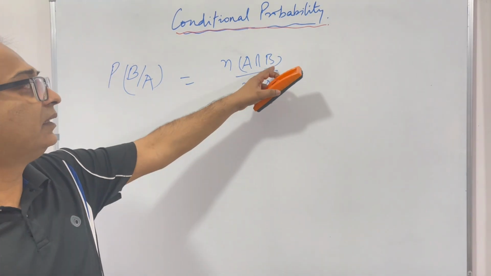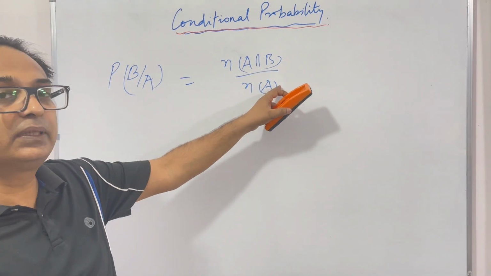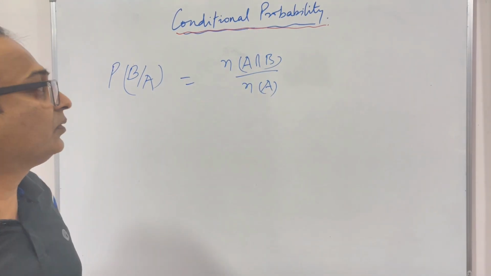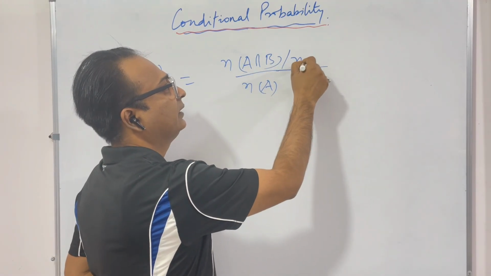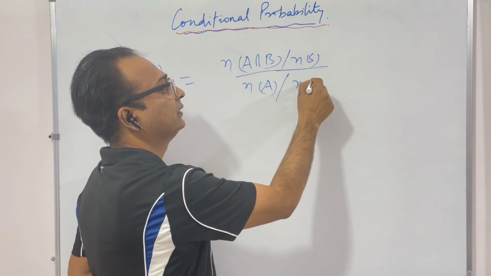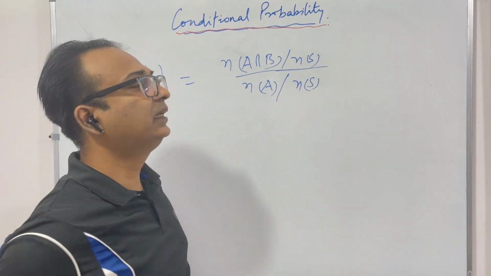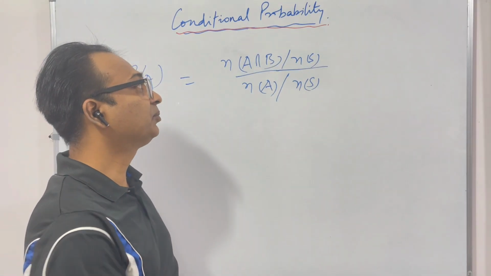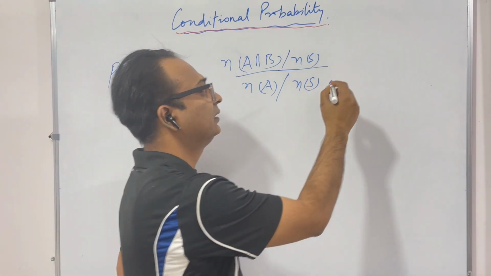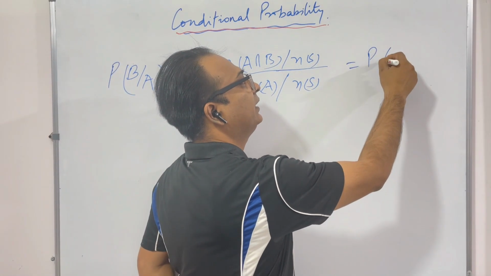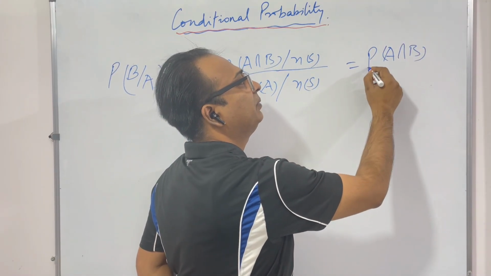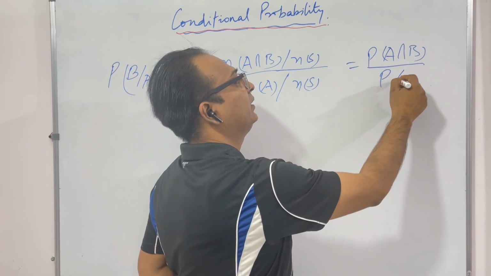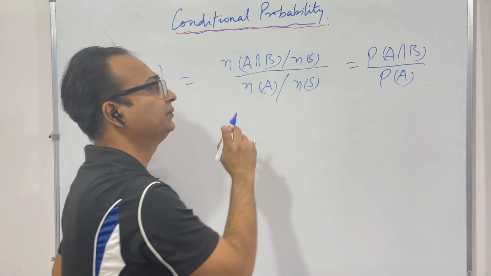If we divide the numerator and the denominator by n(S), that is the number of elements in the sample space, what is this? n(A intersection B) by n(S) is the probability of A intersection B, that is the probability of A and B, by the probability of A.